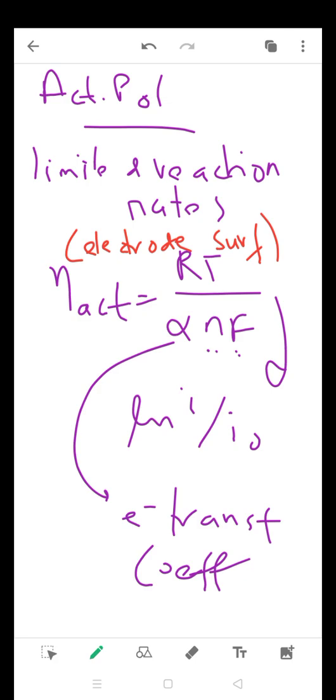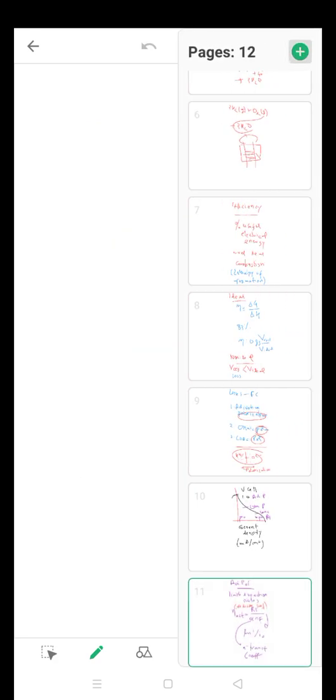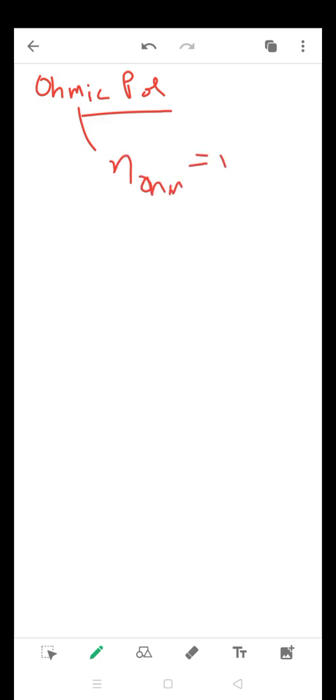Similarly, if we talk about ohmic polarization, from the name itself we can understand that it is related to Ohm's law, V is equal to IR. So we write ohmic polarization, eta ohm, is equal to simply IR.